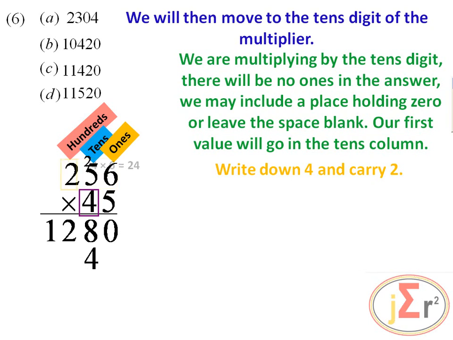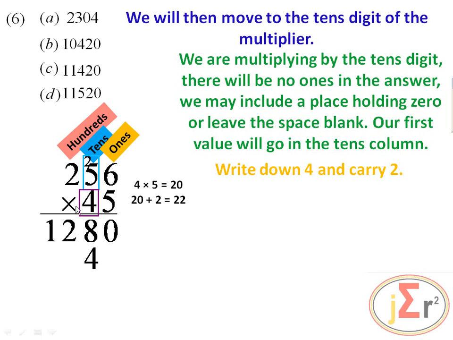Then we say 4 5s, 20. Plus 2 equals 22. Right, so the 2 that was carried, we add it a little bit later. So we say 4 5s, 20 plus 2, and that gives us 22.